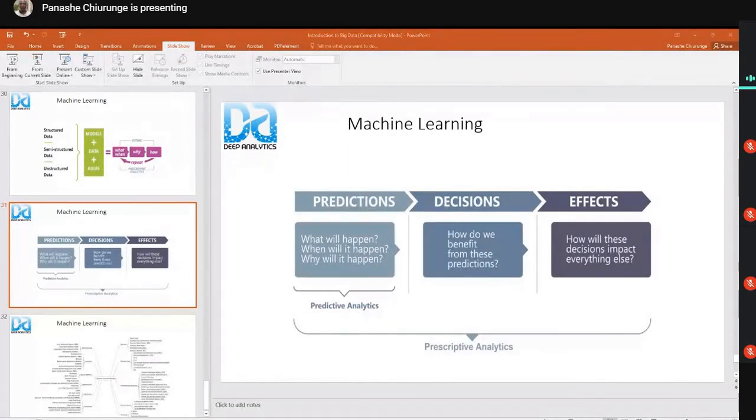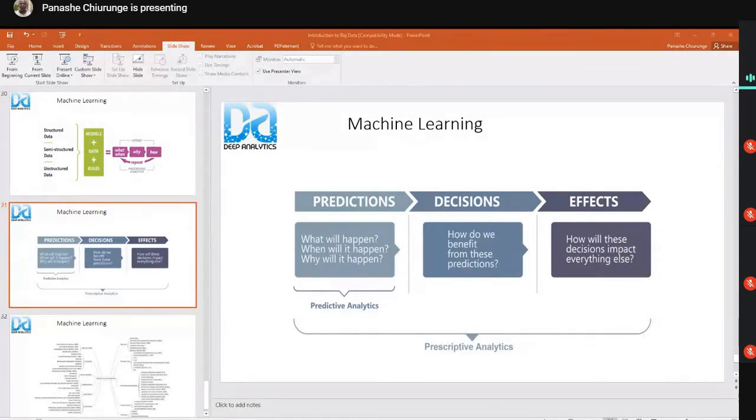If we look at it from a different perspective, in prescriptive analytics we take into consideration what will happen, when will it happen, why will it happen. So that's the predictive analytics aspect of it. Then we look at the effect of the decision part of it: how do we benefit from this prediction, from this particular KPI that we've forecasted?